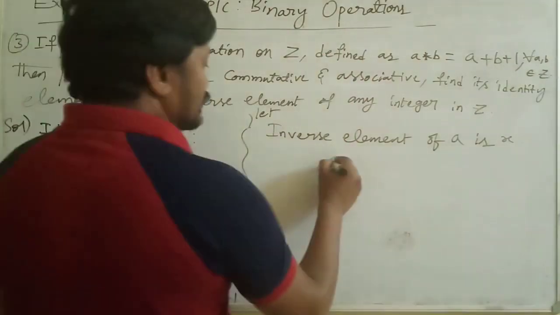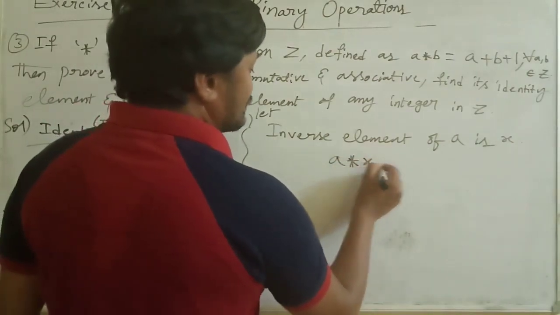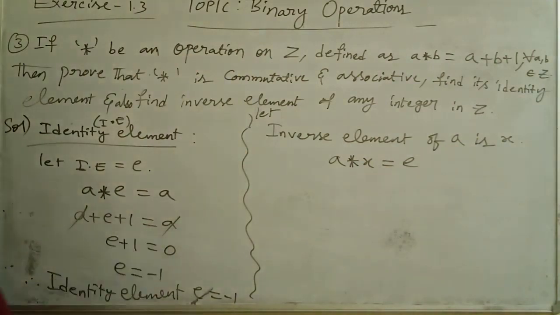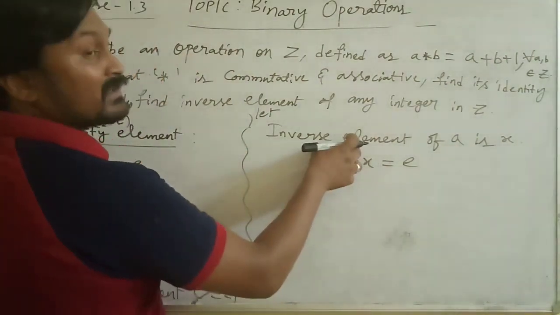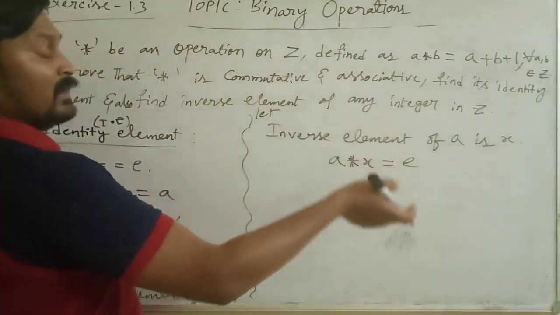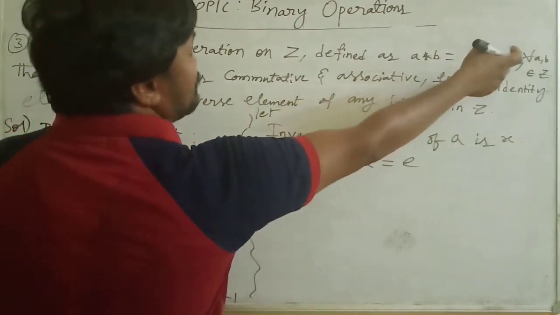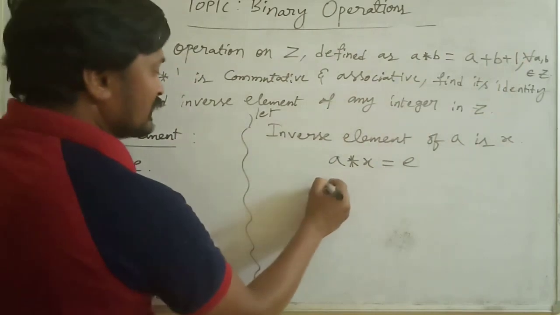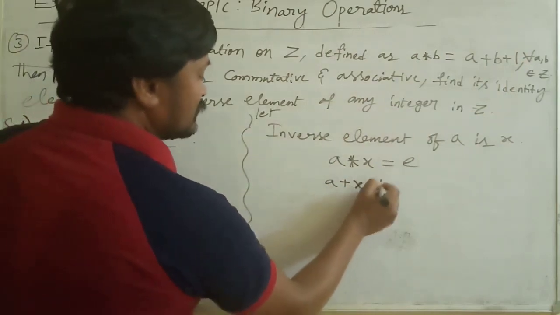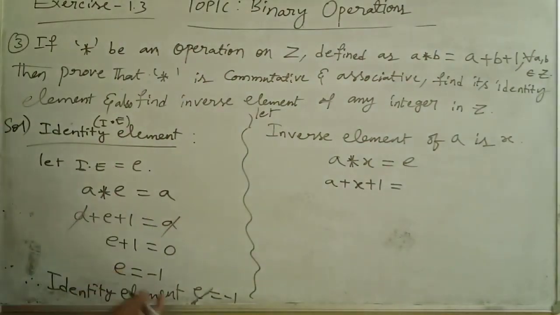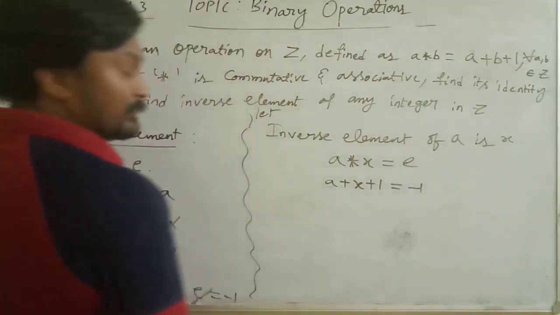You already know that A star X is equal to E, where E means the identity element. So A star X means A plus X plus 1 is equal to E, which you found here as minus 1. So write that minus 1.